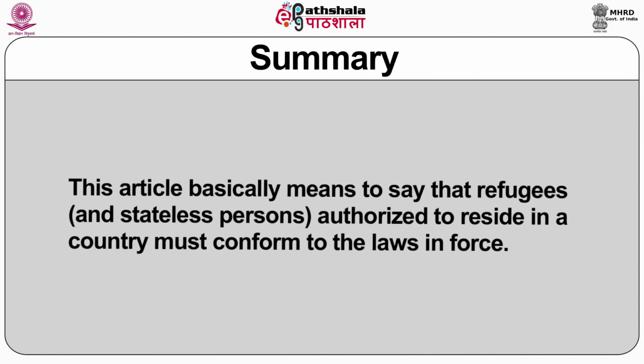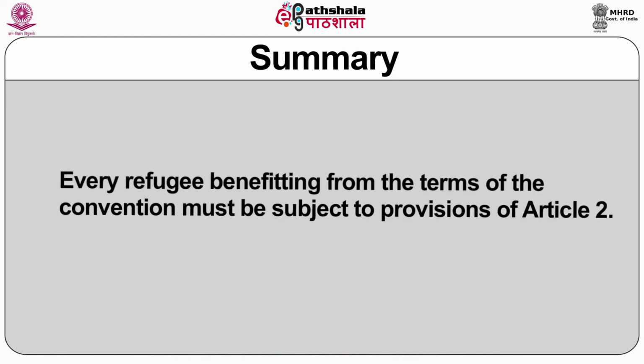This article, which we've discussed so far, basically means to say that refugees and stateless persons authorized to reside in a country must conform to the laws in force. Every refugee benefiting from the terms of the convention must be subject to provisions of Article 2.